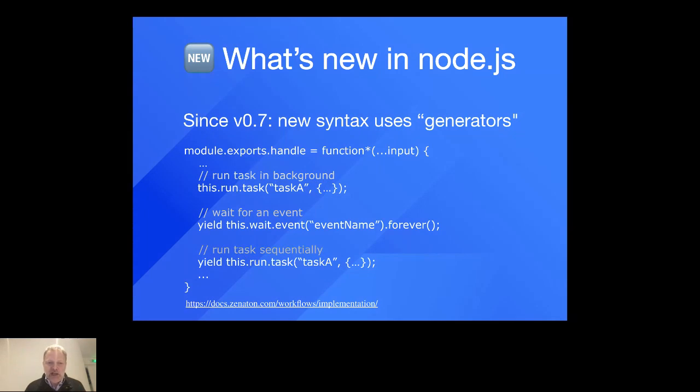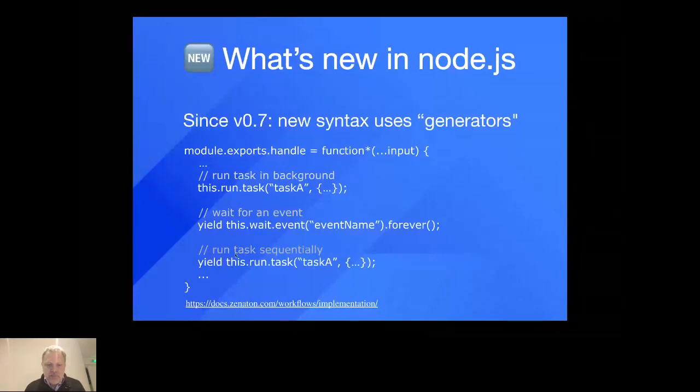A generator means that when I put a yield in front of some command, the code will actually stop. So when you describe the workflow, if you don't put the yield, then the task will be run in the background, and the workflow will continue to process the line after. For example, in this case, I will at the same time start to process task A and wait for the event.